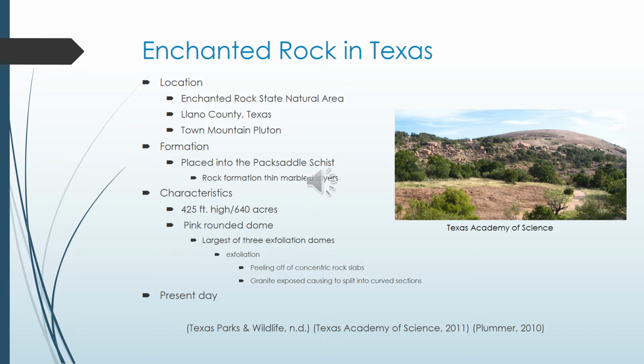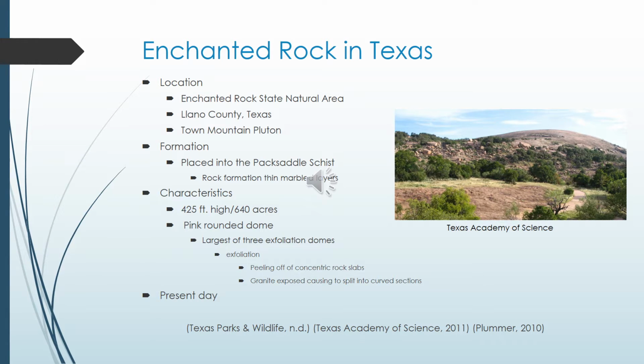The dome itself rises 425 feet from its base and covers 640 acres. It is a broad, round pink granite and feldspar dome in a series of 3 exfoliation domes, of which it's the largest. An exfoliation dome is a large rounded landform made from a massive rock, such as granite, by the method of exfoliation.